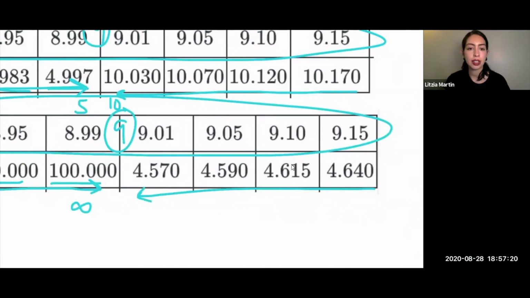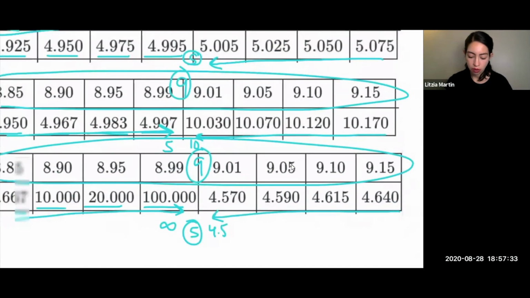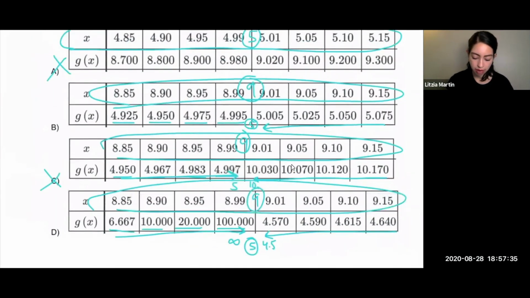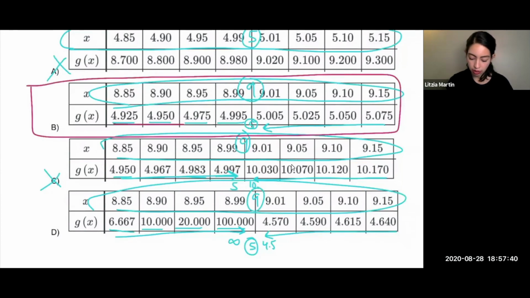It looks like it's getting closer and closer to about 4.5, right? Maybe headed towards 4. So both of those are not getting close to 5 or approaching 5. So our correct answer for this problem will have to be B, because we can see very closely that on both sides, both of the y values are all approaching 5.